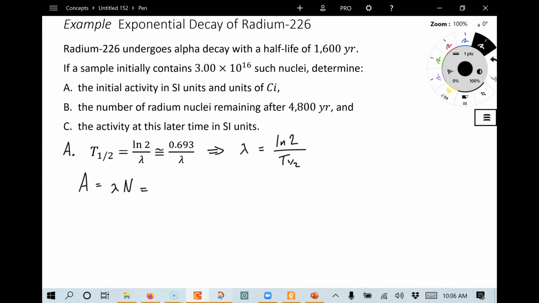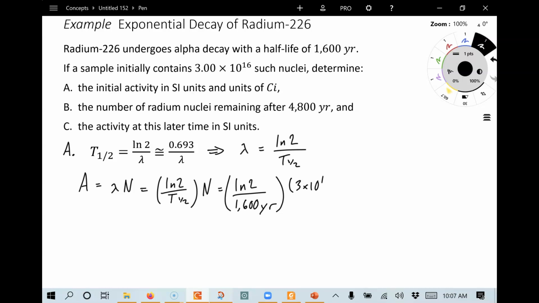So we can write the activity in this case as ln 2 over T1/2 multiplied by N, and we'll just put in the numbers. So we've got ln 2 divided by 1600 years multiplied by N. This is the initial activity. We've got 3 times 10 to the 16th nuclei.